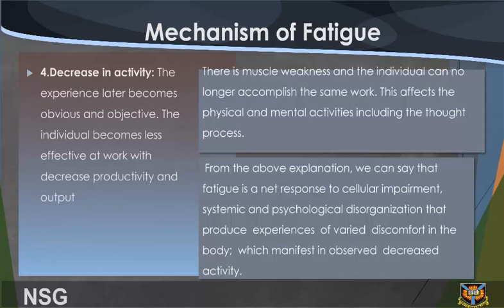This affects the physical and mental activities, including the thought process. From the above explanation, we can say that fatigue is a net response to cellular impairment, systemic and psychological disorganization that produce experiences of varied discomfort in the body, which manifest in observed decreased activity.